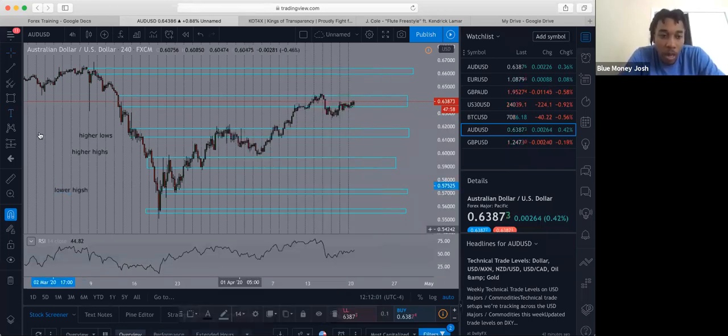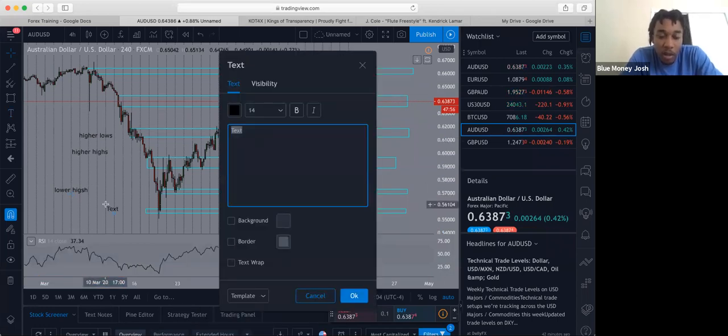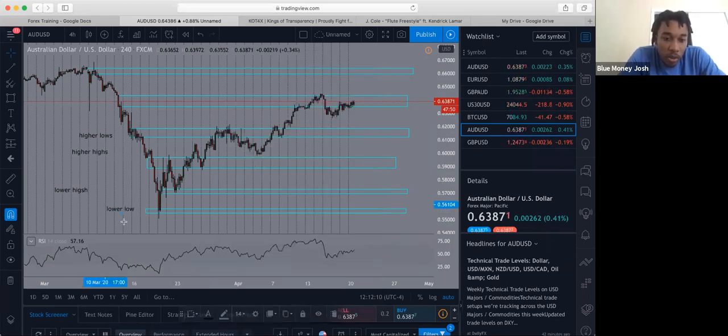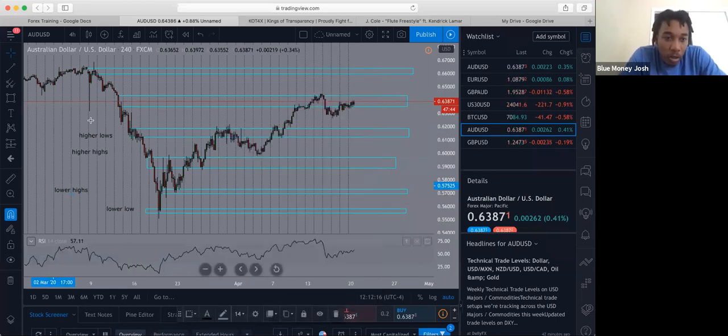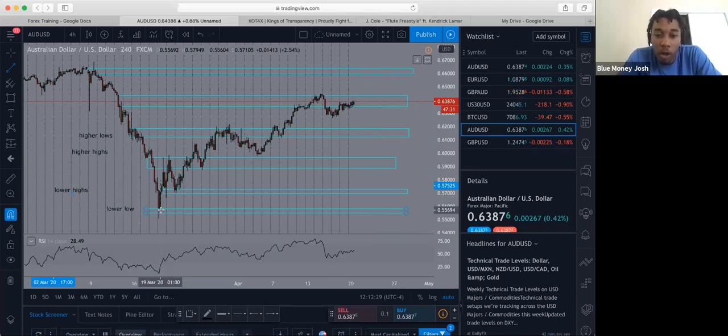There are two types of trend lines: an uptrend and a downtrend. Oh, I spelled this one wrong. That's going to bug me. When you're marking your trend line, you want to put it where you see the market following.